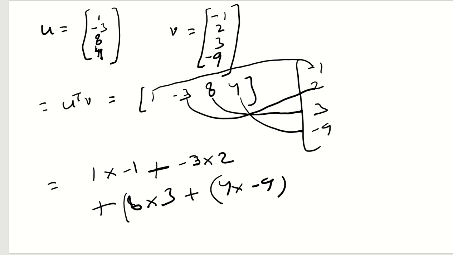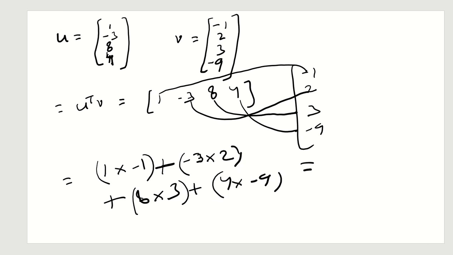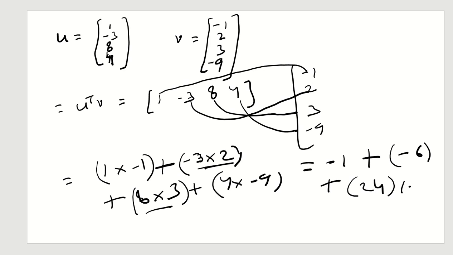To avoid confusion, I'll put them all in brackets. And now if we calculate it, how do we do it? Minus 1, this one would be 2 threes are 6, minus 6, this one would be 8 threes are 24, and this will be minus 36.